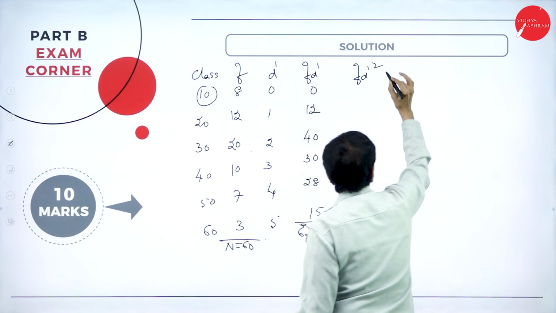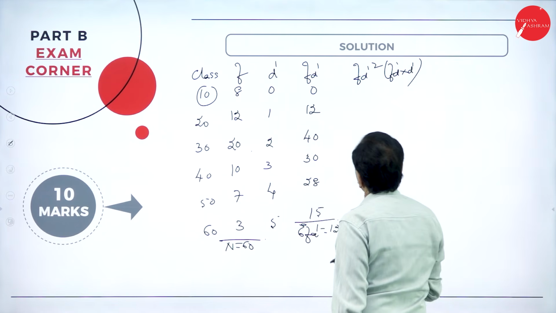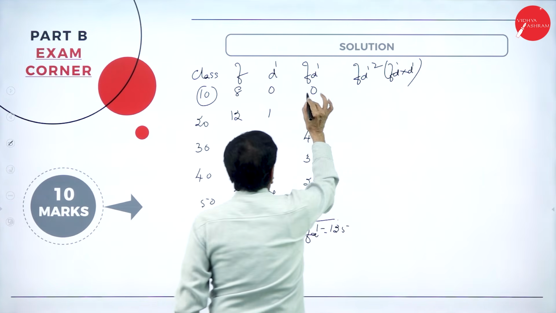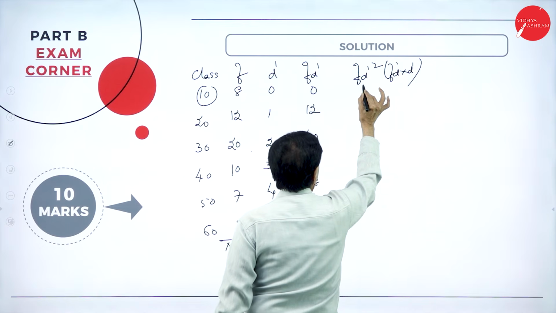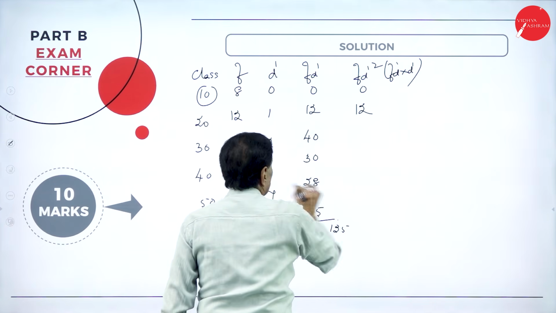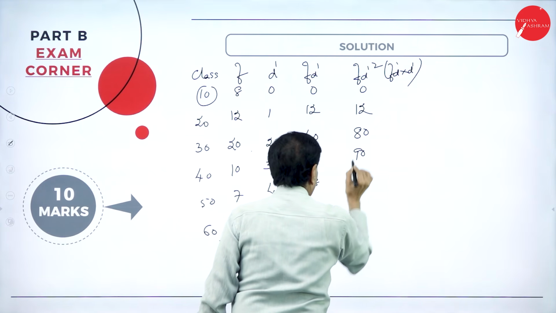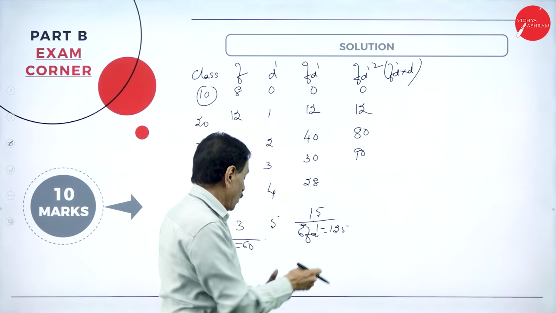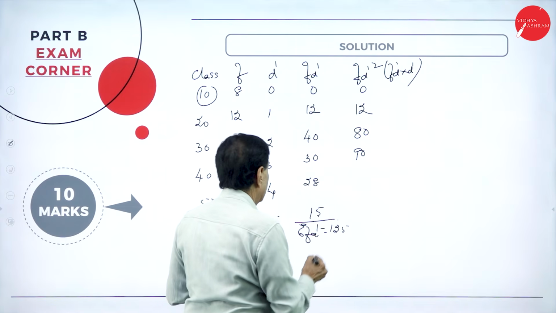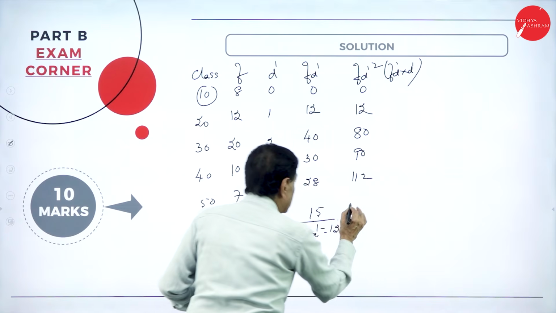Last step, f t dash square. F t dash square means f t dash into d dash, not f t dash whole square. 0 into 0, 0. 12 ones are 12. 40 into 2 is 80. 30 into 3 is 90. 28 into 4 is 112. 15 into 5 is 75.